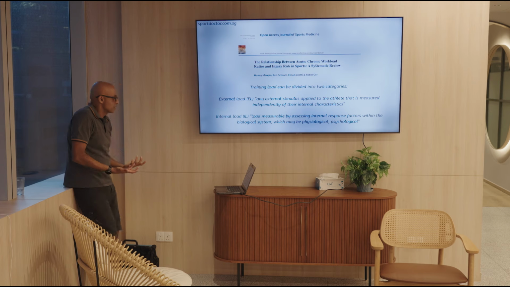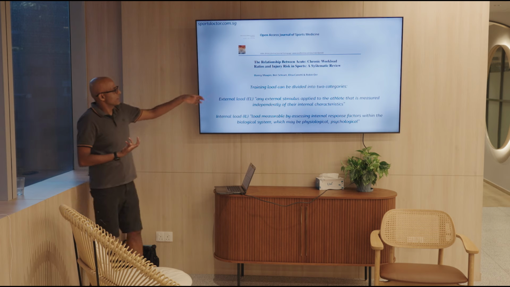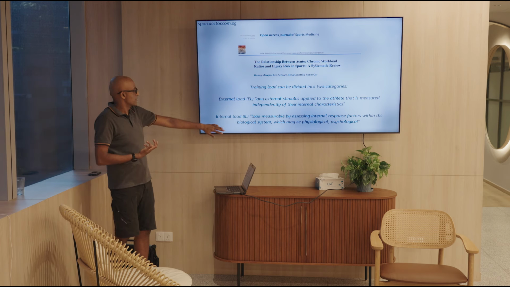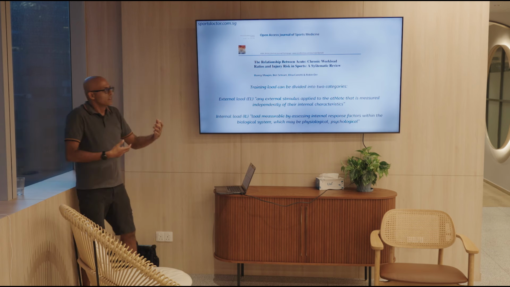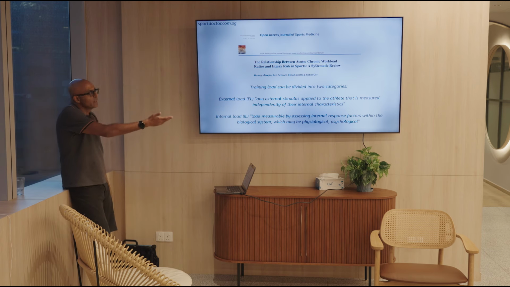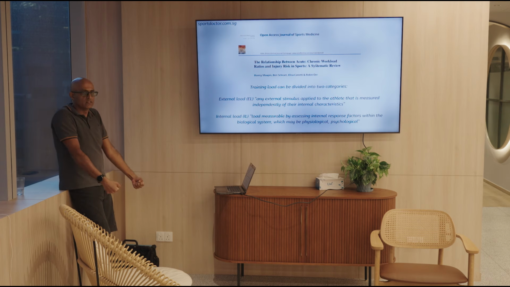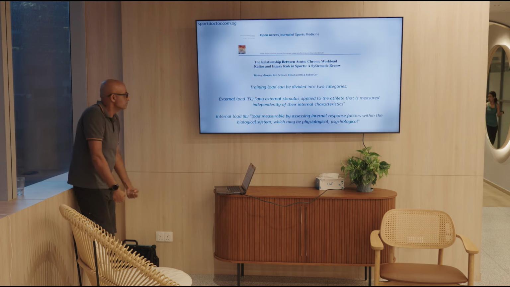So what is this acute to chronic workload ratio? Training load can be divided into two categories, external load and internal load, okay? External load is basically what that person's doing in the gym. So they're doing a good morning, they're holding the weight and lifting up, and however much weight they're holding is the external load, okay?